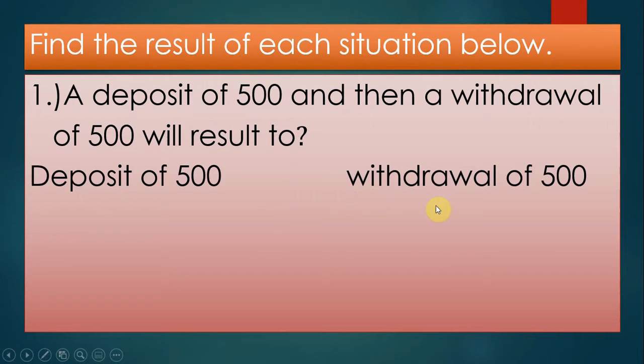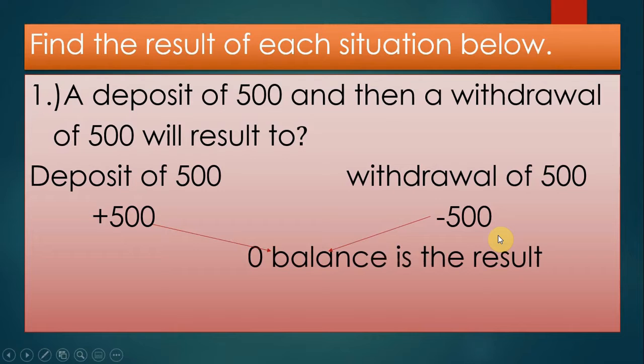A deposit of 500 denotes positive 500 and a withdrawal of 500 denotes negative 500. Therefore, how much money is left in the bank? The answer is zero balance. Deposit 500 and withdraw 500, zero balance is the result.